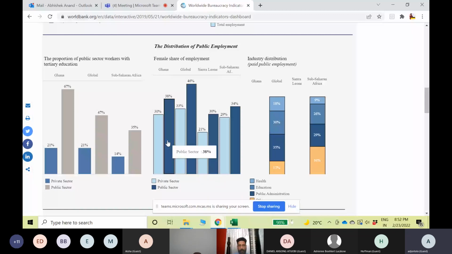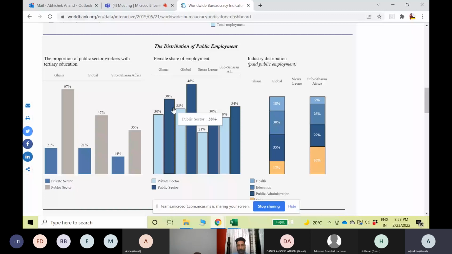So that's 8 percentage points more gender equity in the public sector relative to the private sector. The global average in the public sector is close to 46% female. So although Ghana does better relative to its private sector, relative to the global average there is still some distance to be covered.